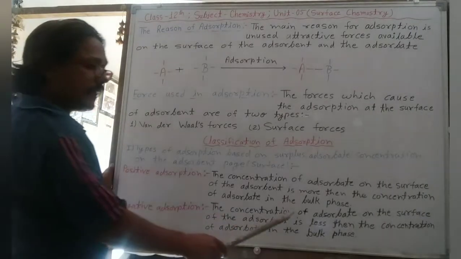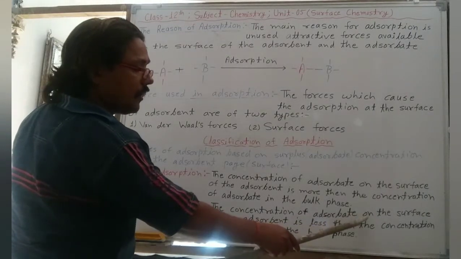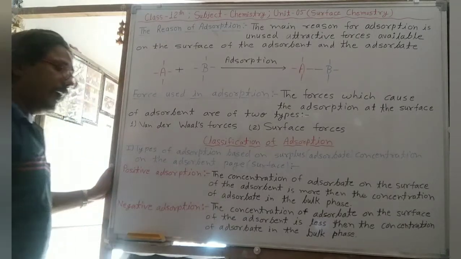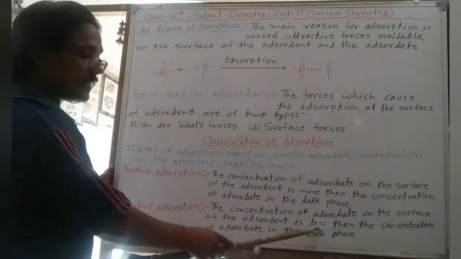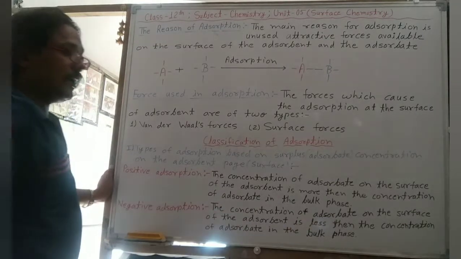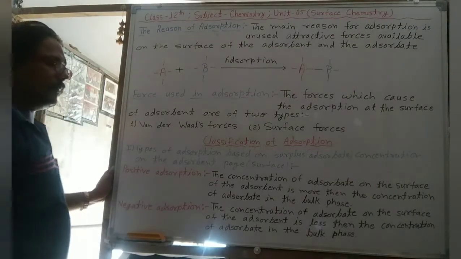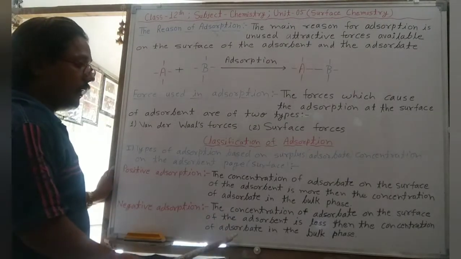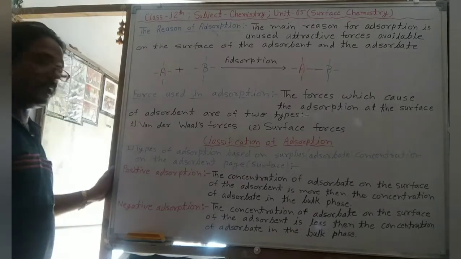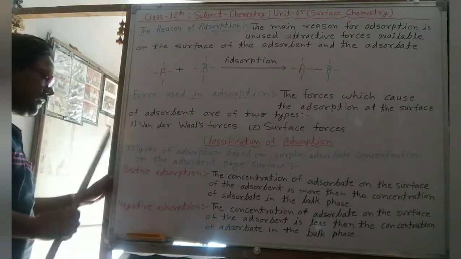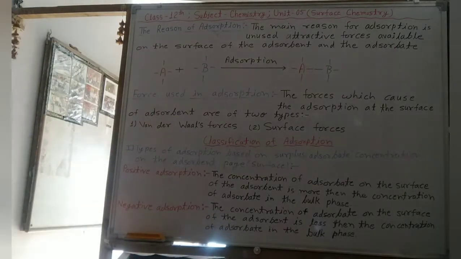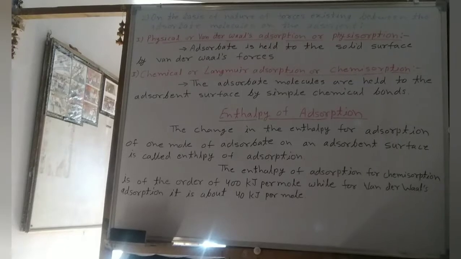If the concentration of adsorbate on the surface of the adsorbent is less than the concentration of adsorbate in the bulk phase, then this type of adsorption is called negative adsorption. So on this basis, adsorption is of two types: positive adsorption and negative adsorption.